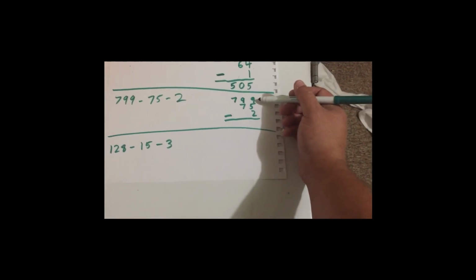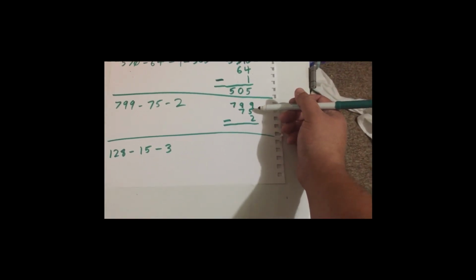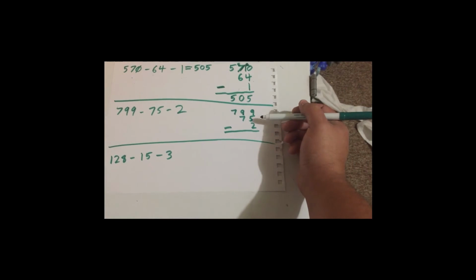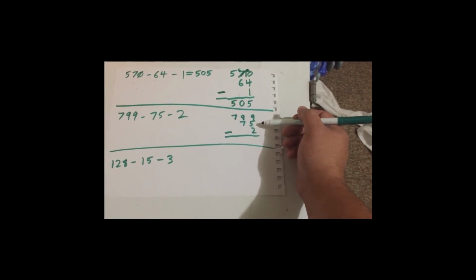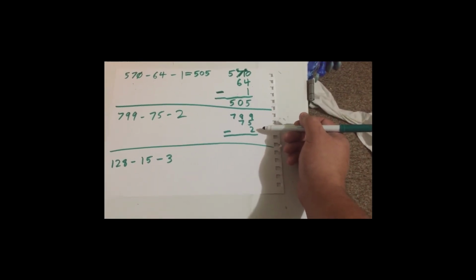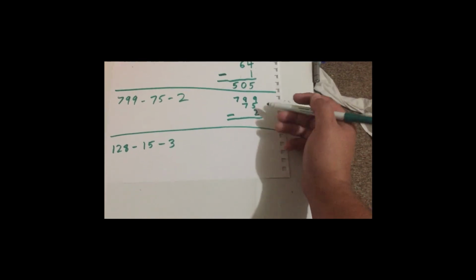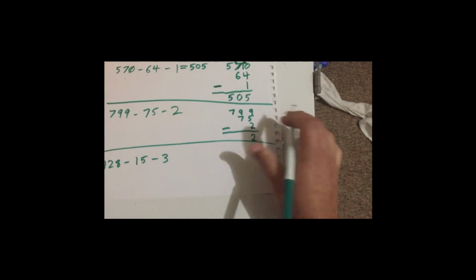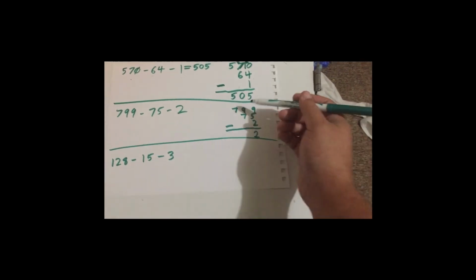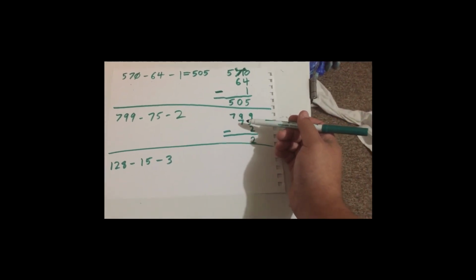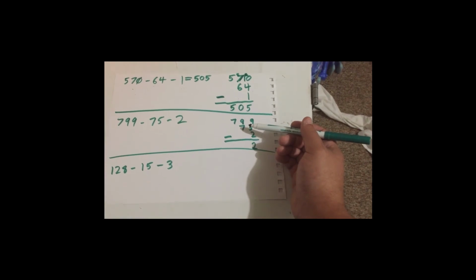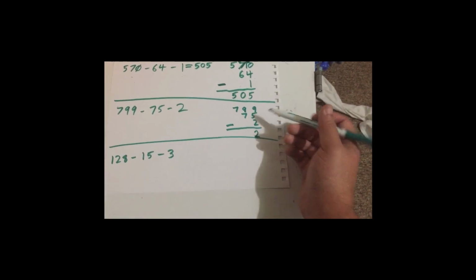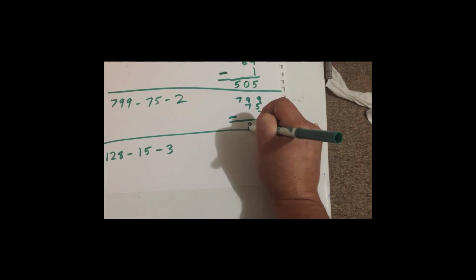So let's go ahead and do the math. 9 minus 5 is 4. And that 4 minus 2 is 2. So 2 is our answer here. Now this 9 minus 7 is 2, right? 9 minus 7 is 2.